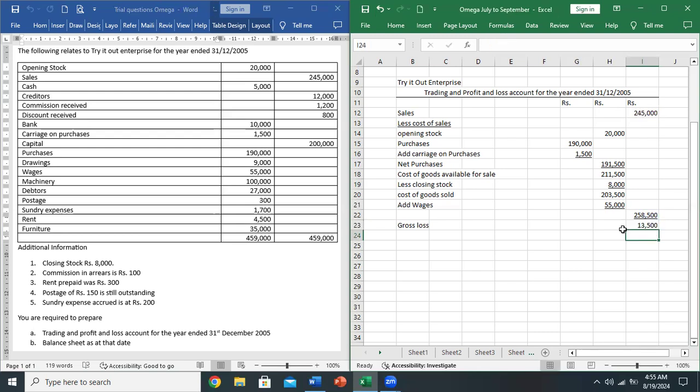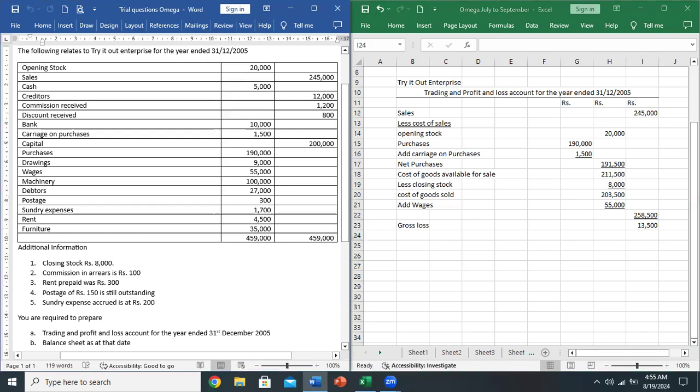So this is how you can write it. When you write gross loss, please don't negate the figure. In accounting, we don't write negative. You put them in brackets. Let me show you here. You write it the way I've written here, gross loss, and put the figure there.